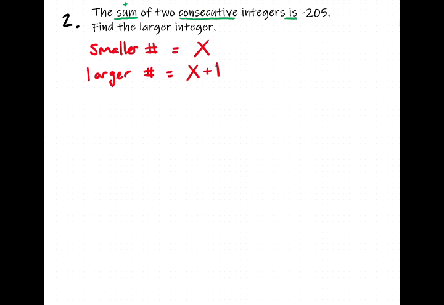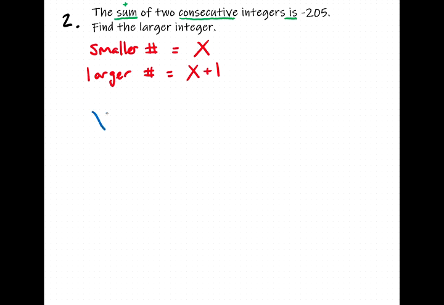And so now we have to translate this to an equation. The sum of two consecutive integers. Well, now we have represented those two consecutive integers using symbols. X is the symbol for a small number, and x plus 1 is the symbol for a larger number. So the sum means we add these two numbers together.